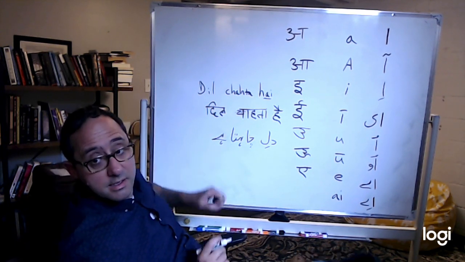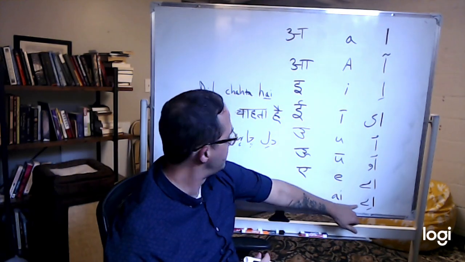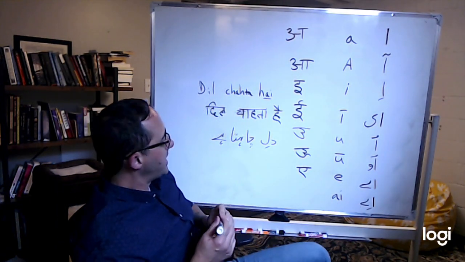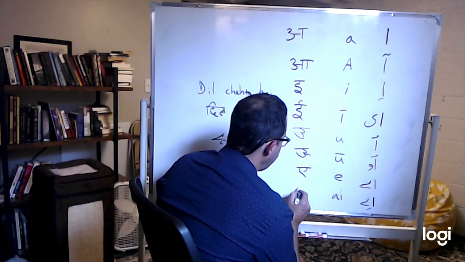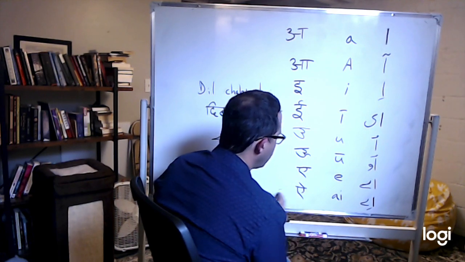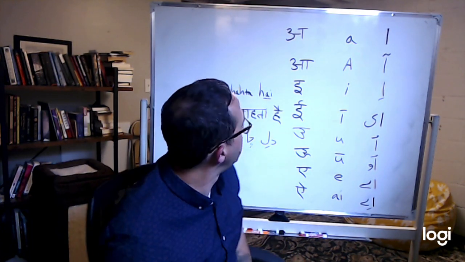That's your hai. Okay? And you can see that line is the same as this line here, hai. Okay, so we've got our e, and that in Devanagari would be this. E. Okay, we've got a couple more to go.